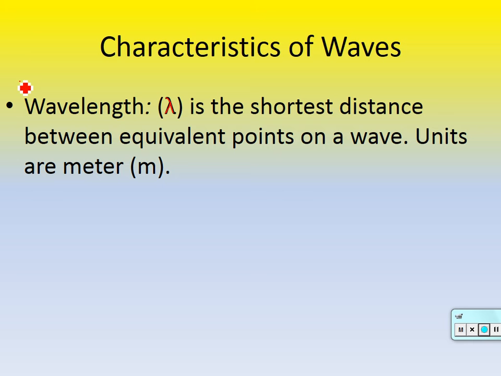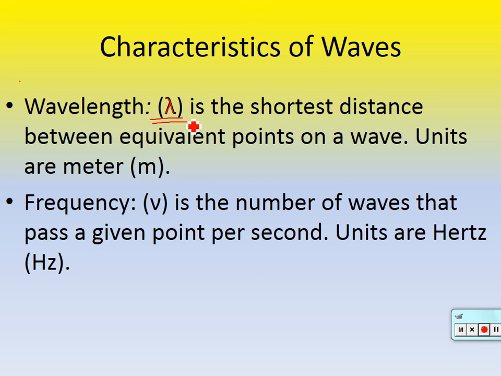We measure wavelength in meters. Okay, so a wavelength is the shortest distance between equivalent points on a wave. What is this symbol called again, guys? Lambda. It's called lambda.